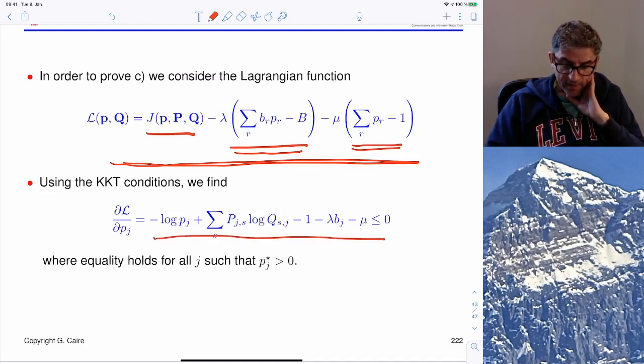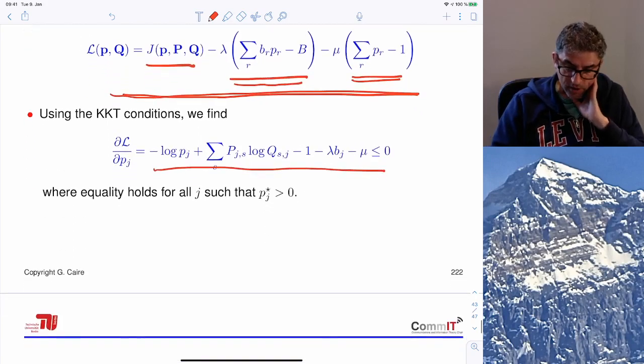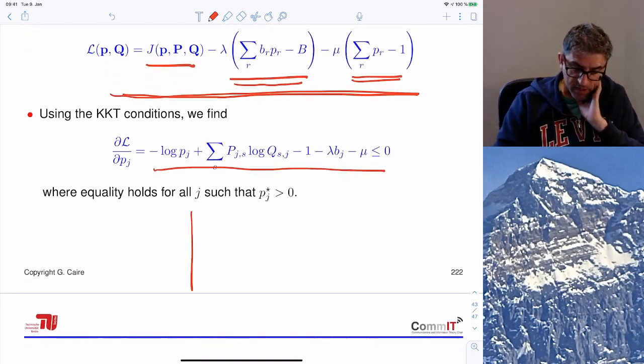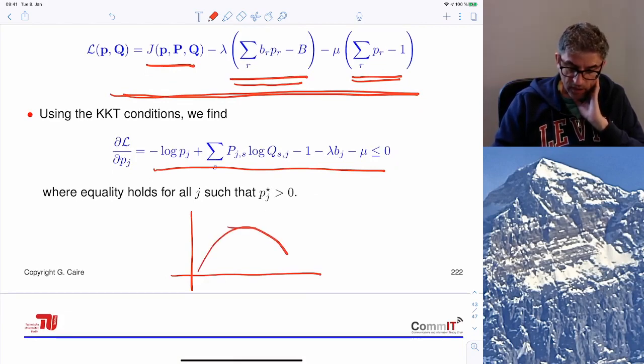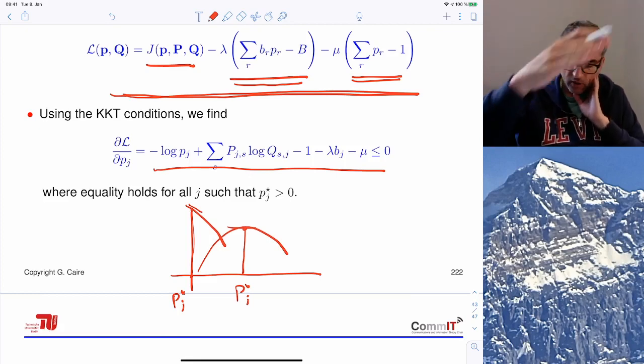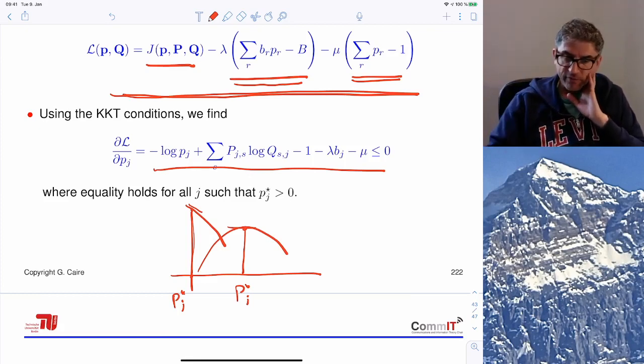this object. And the KKT conditions say the following: this derivative must be equal to 0 if we have a stationary point P star j strictly inside the domain, or it may be non-zero if our optimum P star j is at the boundary, so is equal to 0, because in this case the maximum is obtained at the boundary, and therefore the condition is that the derivative must be non-positive.